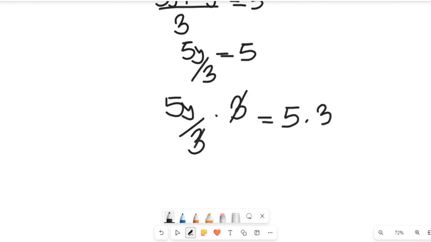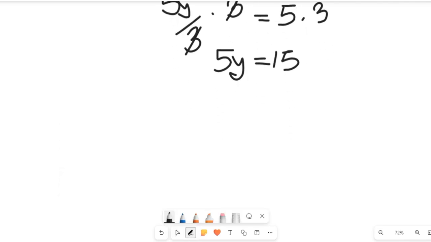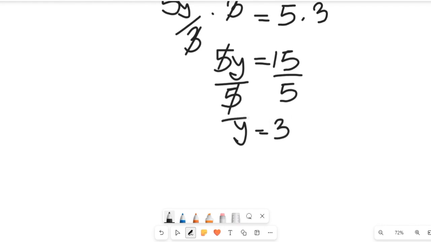So 3 clears 3, and our 5y will be equal to 15, right? So we have to divide both sides by 5. If we divide both sides by 5, we get the value for y. So 5 clears 5, and our y will be equal to 15 divided by 5, which is equal to 3. So y is equal to 3.